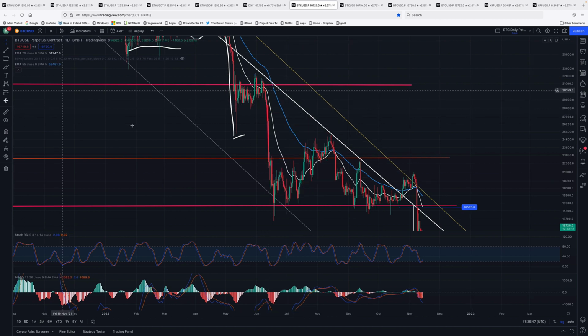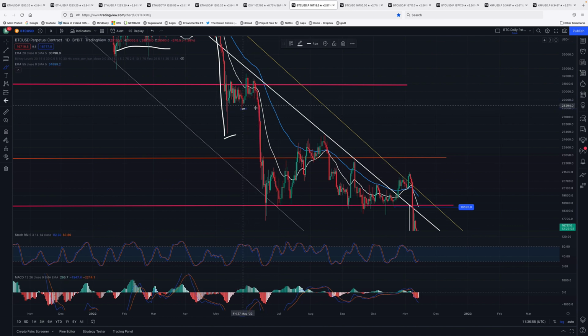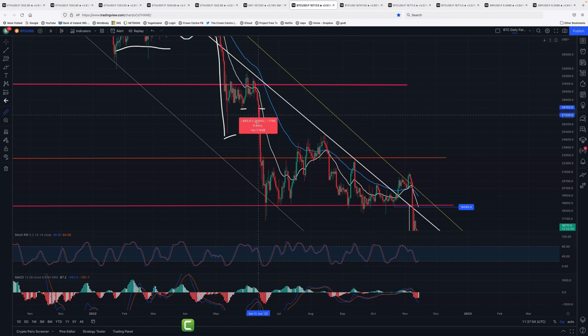So here in the past, as soon as we broke this middle low, the previous local low, I'm going to just put here, this is what happened technically in 2 days.